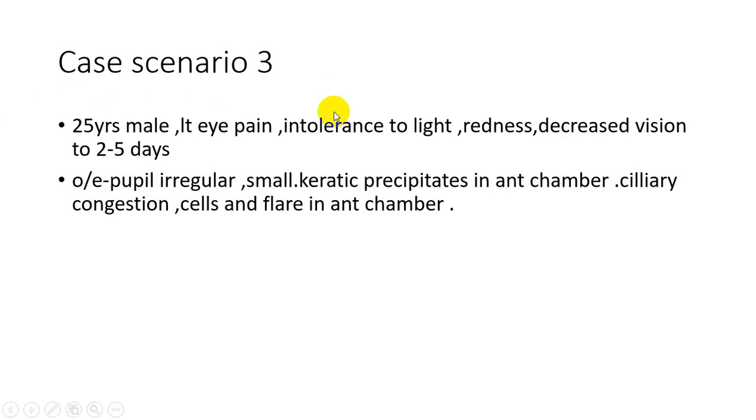And case 3: a 25 year old male, left eye pain, intolerance to light, redness and decreased vision for 2 to 5 days. On examination, pupil irregular, small keratic precipitates, ciliary congestion, cells and flare in the anterior chamber.